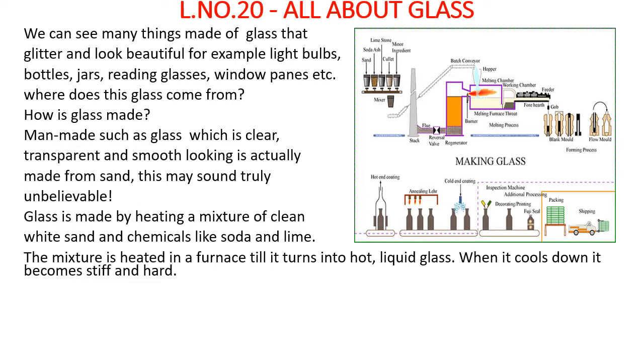So when we go to a factory where they make glass, you can always see the different mixtures they make with it. For example, the soda ash, the lime. Then the sand is already put inside, and all this mixture is sent into the regenerator with a very high flame.